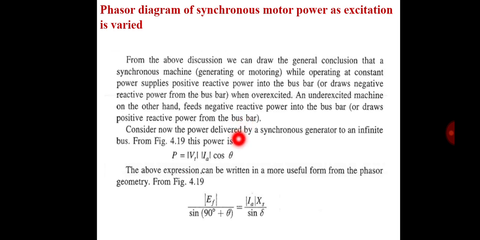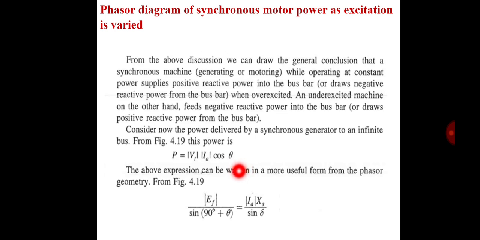Consider now the power delivered by a synchronous generator to an infinite bus, meaning P is equal to Vt, the terminal voltage, into Ia cos theta. The above expression we can write in a more useful form from the phasor geometry.